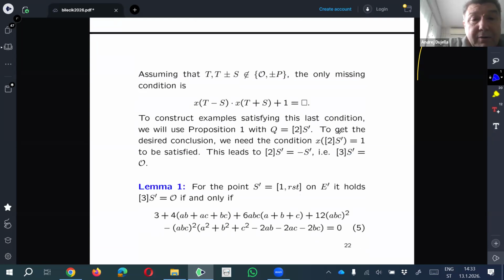But now we know that this is almost satisfied. It is satisfied if we allow to put something here as cofactor. What is the cofactor? It is the difference between these two quantities. So for T plus S and T minus S, we have as cofactor the first coordinate of 2S.